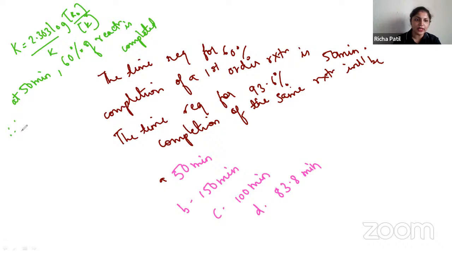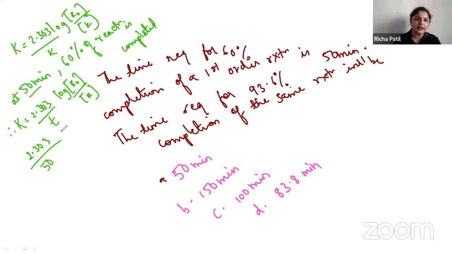So what will happen to k now? k is equal to 2.303 by t, log of R naught by R. Our t is given as 50 minutes.